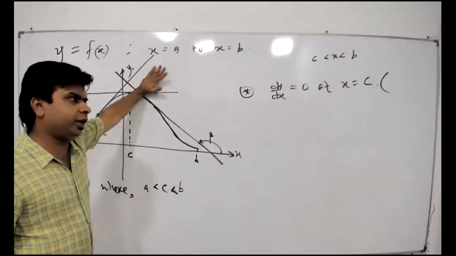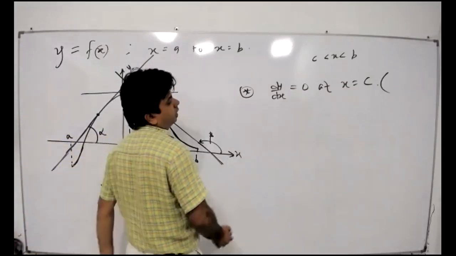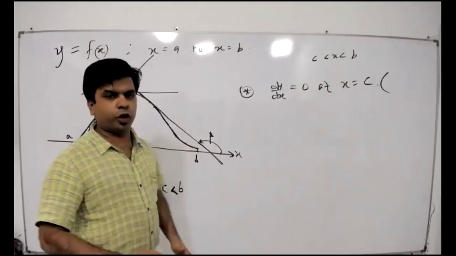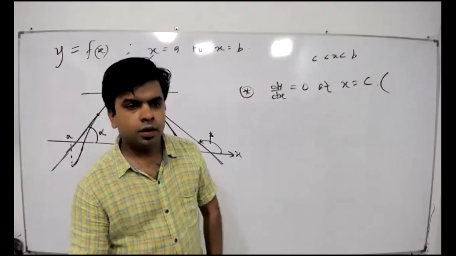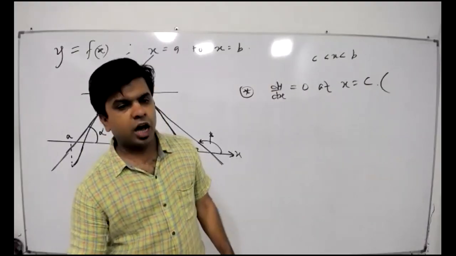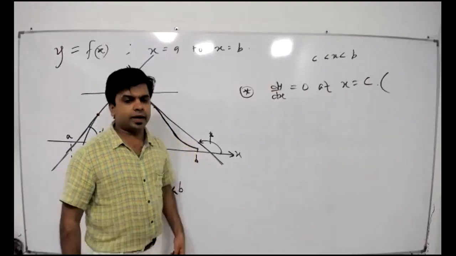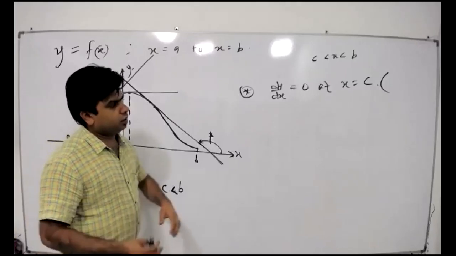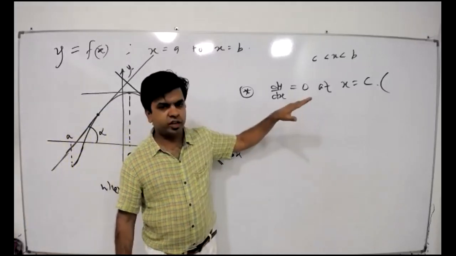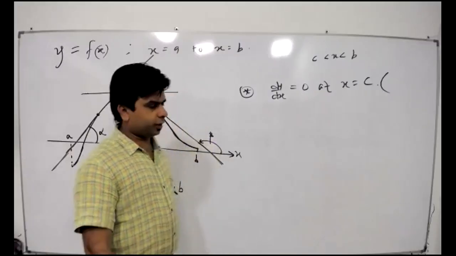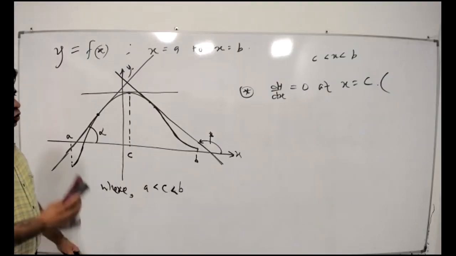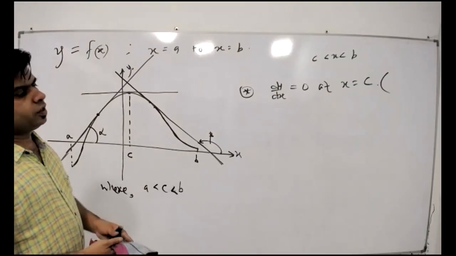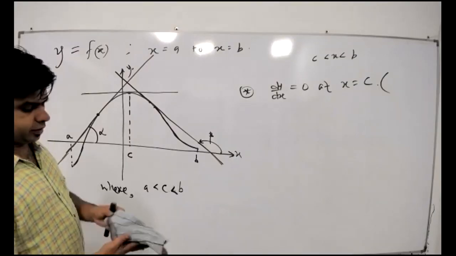Then it is said that the graph has a stationary point at x equals c.